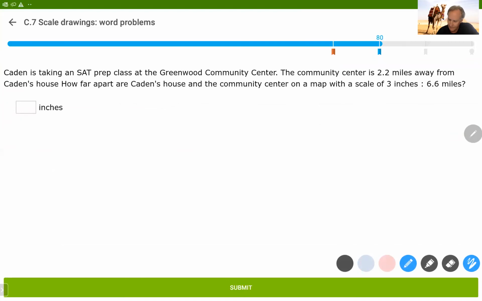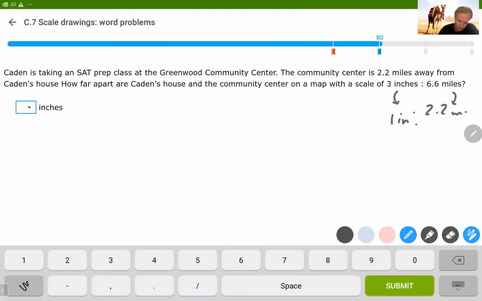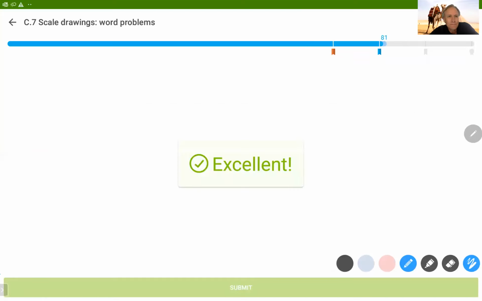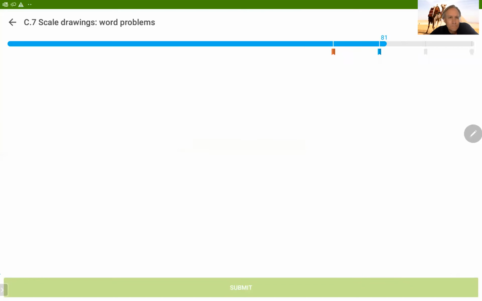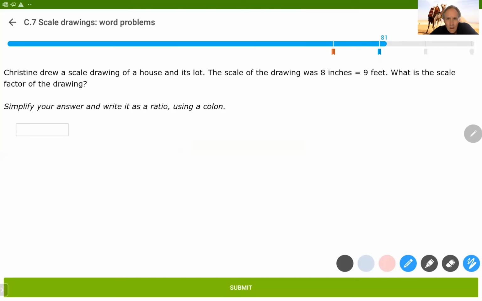In this case, we're going to divide by 3. Since this is 2.2 miles, I'm going to divide by 3 and get 1 inch. 8 inches to 9 feet. So we're talking about 8 inches and 9 feet.